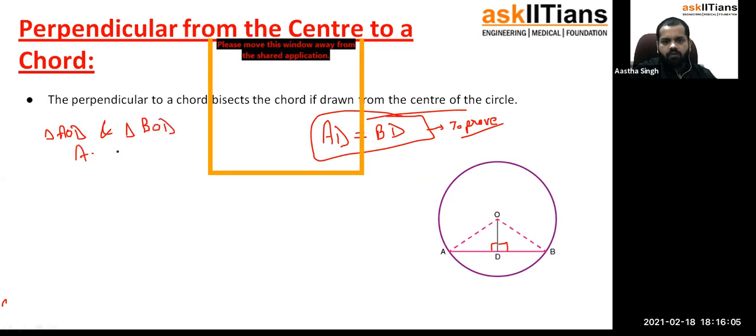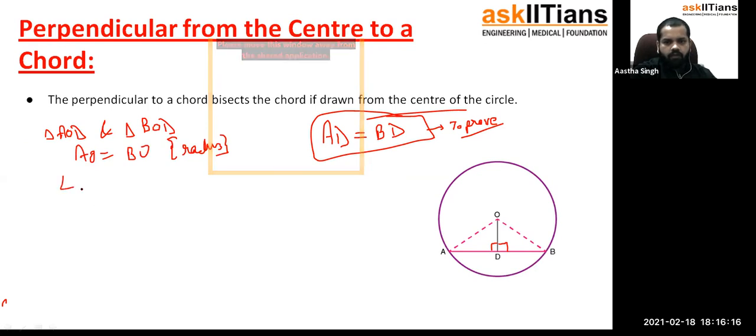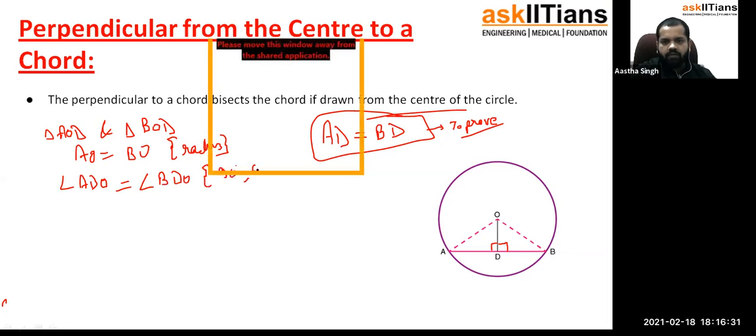Your AO is equal to BO. Why? Radius, right? Your angle ADO is equal to your angle BDO. Why? Because of 90 degrees, it is given, and you are drawing a perpendicular, okay? And OD is equal to OD, common.